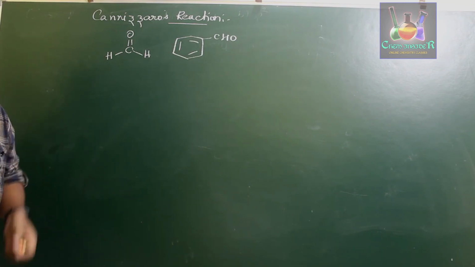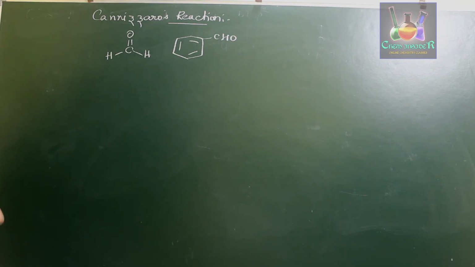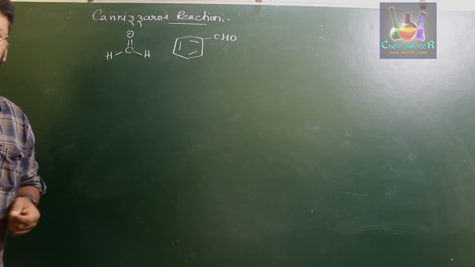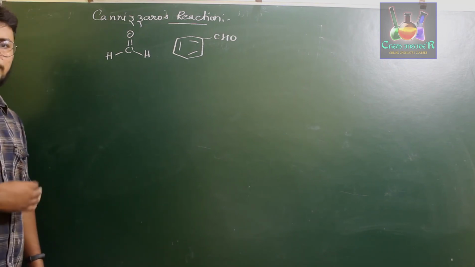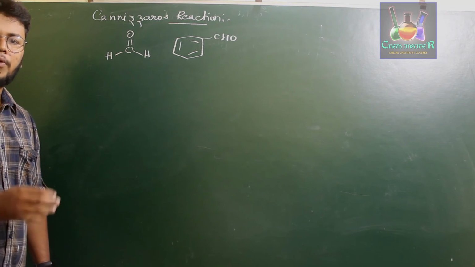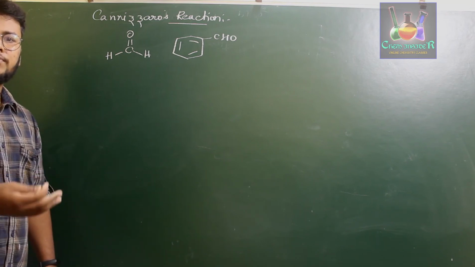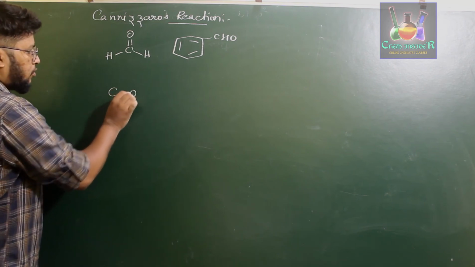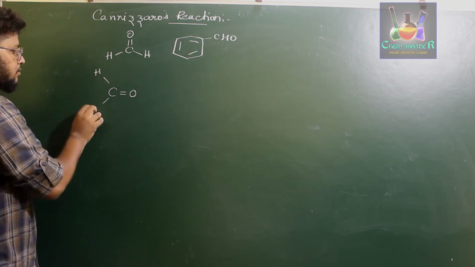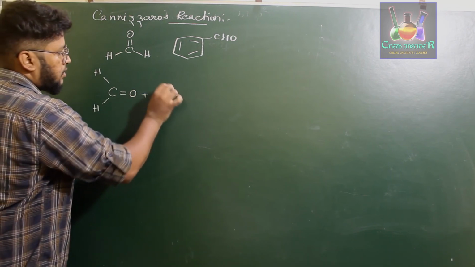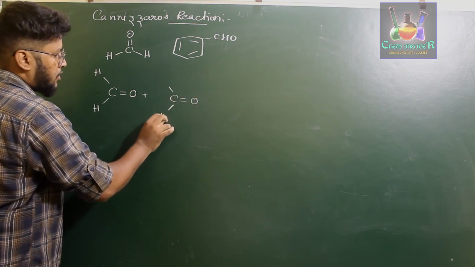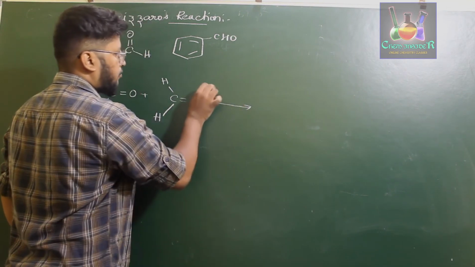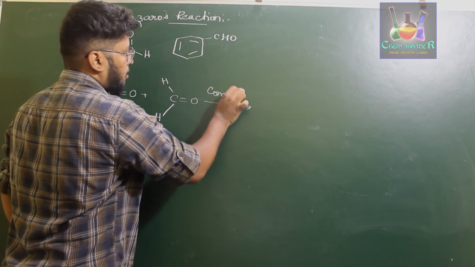When an aldehyde which does not have an alpha hydrogen is treated with strong potassium hydroxide or sodium hydroxide alkali, it undergoes a disproportionation reaction to form an alcohol and a sodium salt of carboxylic acid. Let us consider two molecules of HCHO, with C double bond O, H and H, in the presence of concentrated potassium hydroxide.